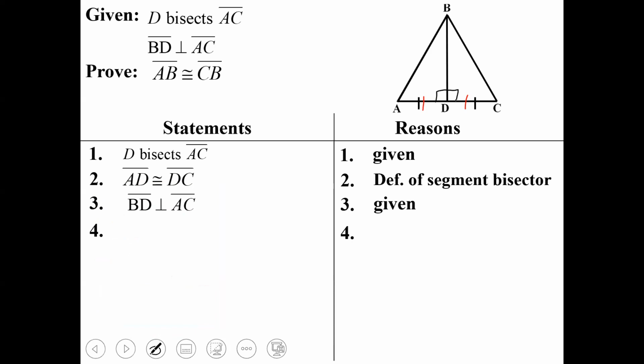That's what a perpendicular bisector does. It creates 2 right angles. Y'all look. We got right angle ADB and right angle CDB, okay? That's gonna be our next statement, because that bisector just created those 2 right angles.